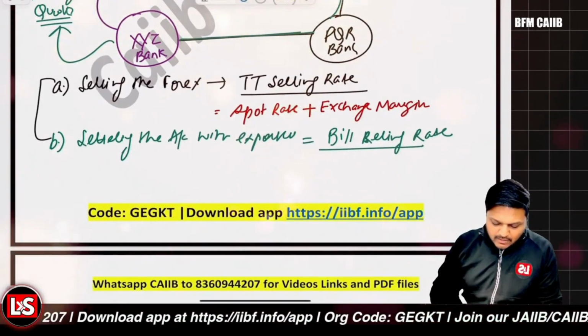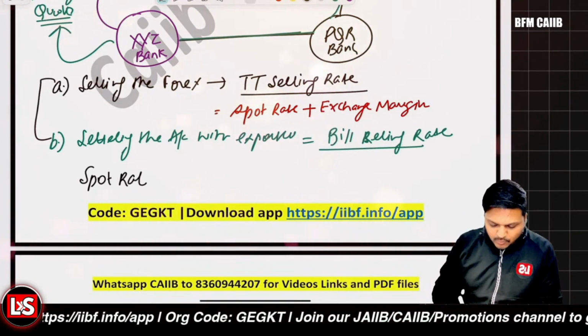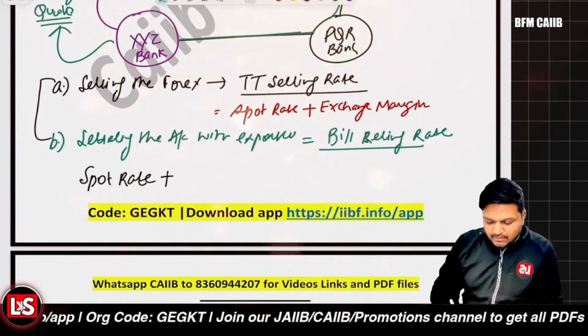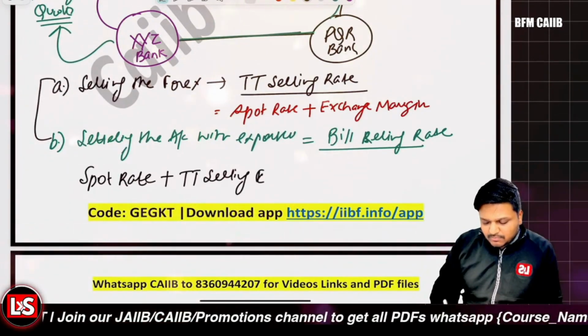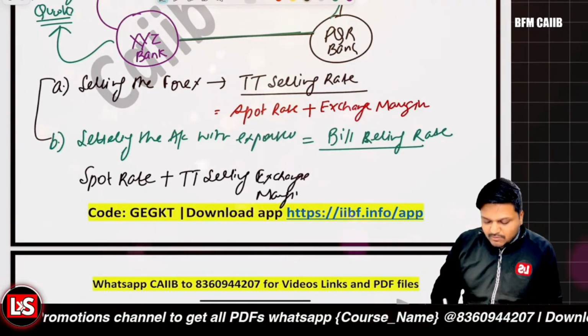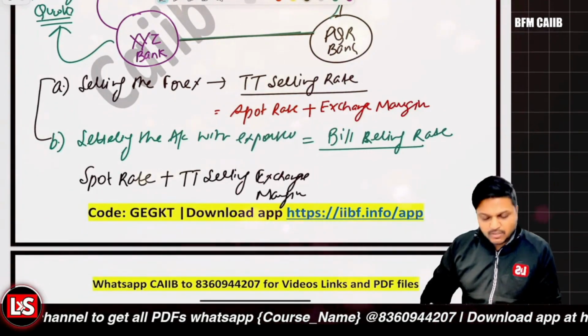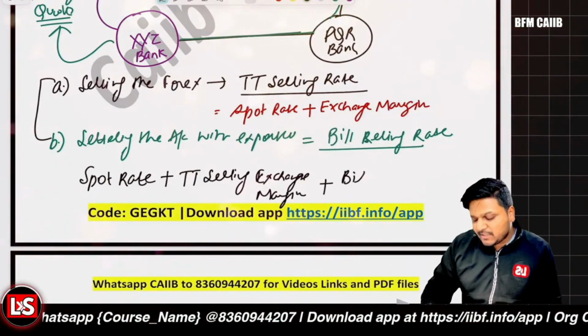The formula would be the spot rate, further the TT selling exchange margin, right? Because it was a TT selling exchange margin. Further, the bills selling exchange margin, because after that the account is to be settled.